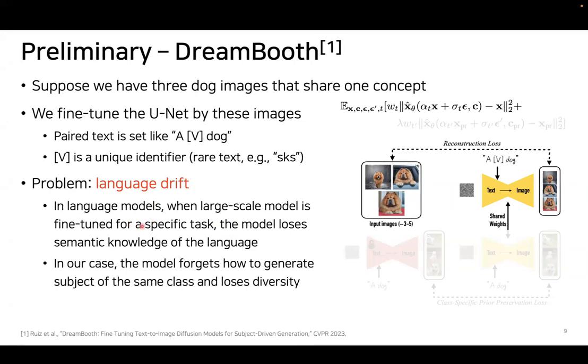And in our case, the DreamBooth model forgets how to generate subjects of the same class, like the class dog, and loses diversity. So when we fine-tune with these images, the model tends to generate only these images, even if we input not a specific breed, just a dog.